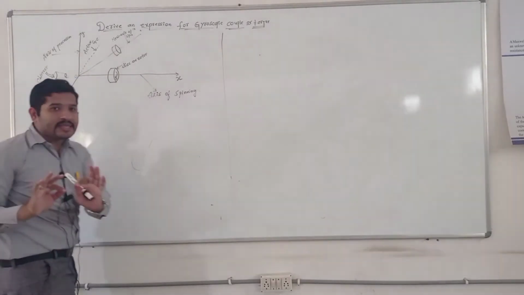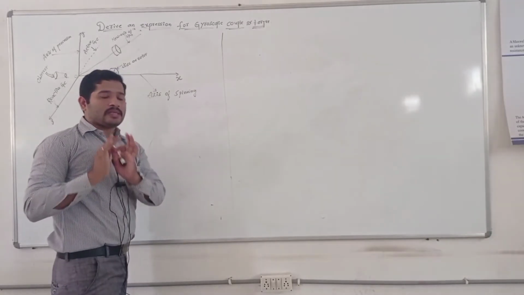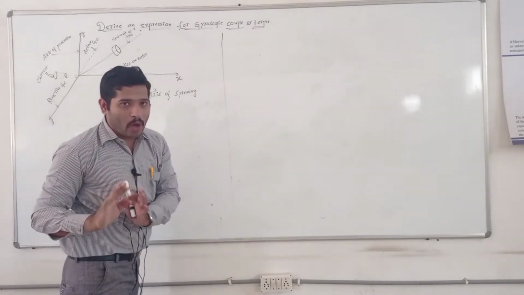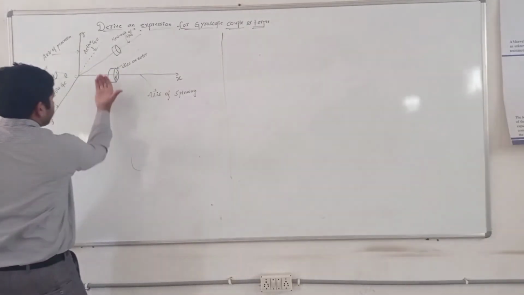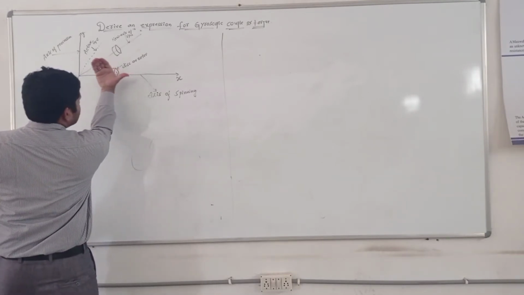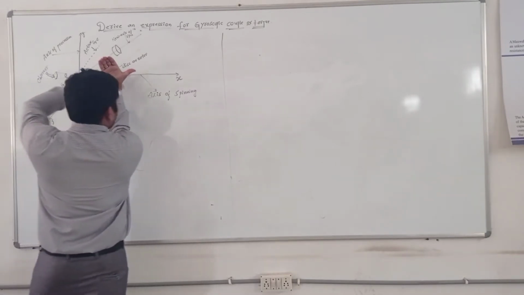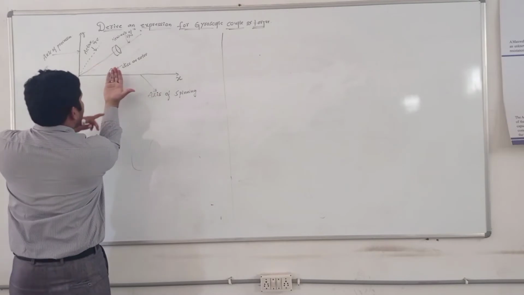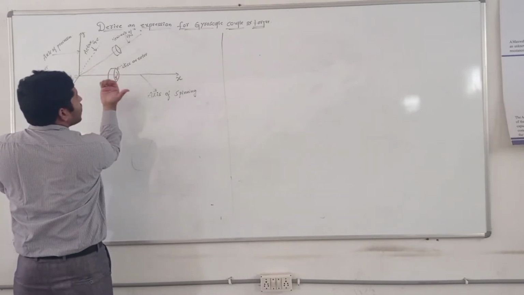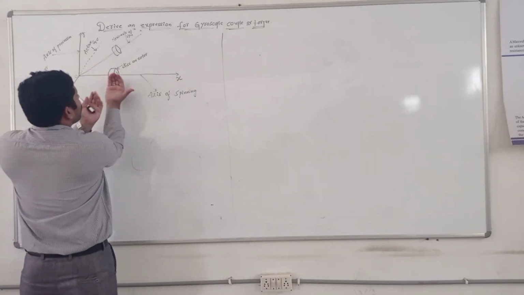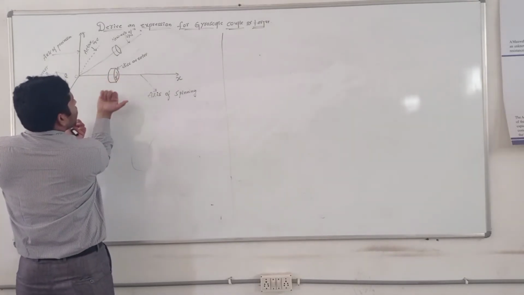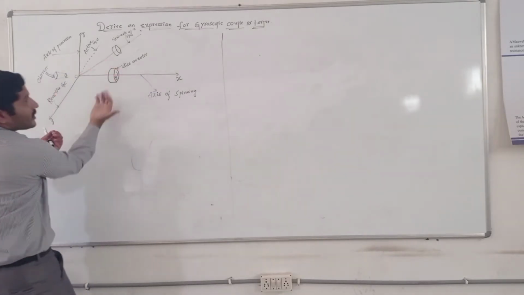If you understand this concept, you can easily solve any type of problem. The momentum represents the axis OX, and the curl shows it rotates in the clockwise direction. Then we have to represent the clockwise direction.